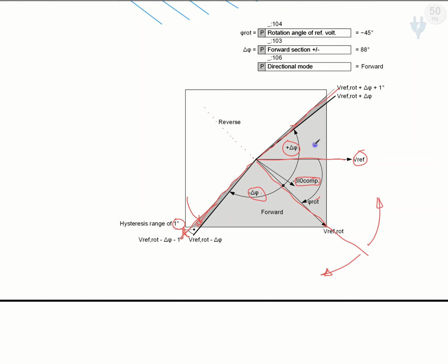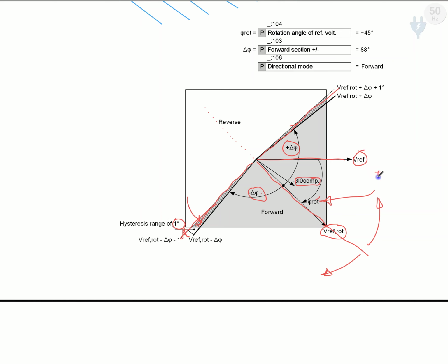This is the method we called the angle between 3I0 compensated and V reference, and we rotate this V reference angle according to our system configuration. It means we select this value of phi rotated, the rotation angle, according to our system configuration.